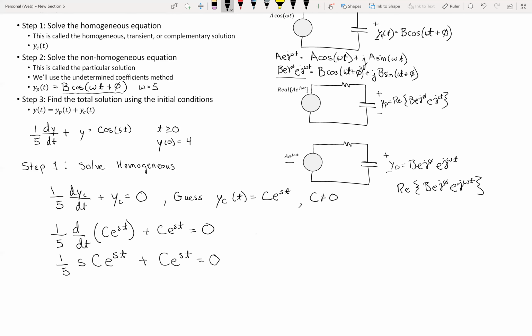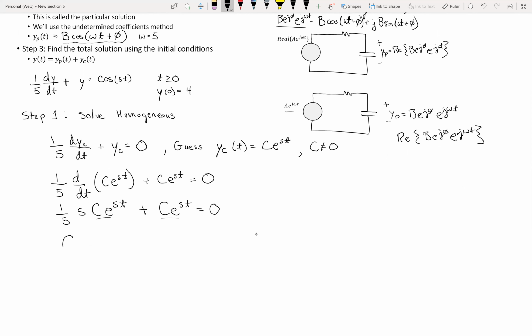Okay? At that point I see I've got some common terms here. c e to the st is in both of these terms. So it looks like I have c e to the st times (1/5 s plus 1) equal to 0, right?